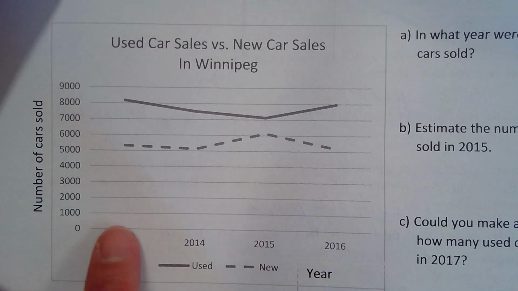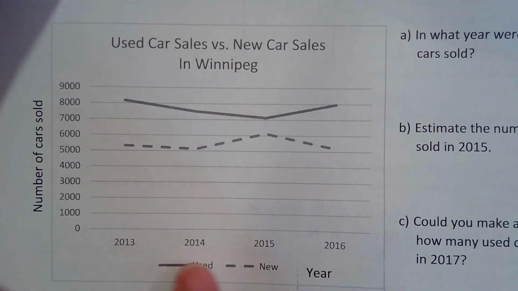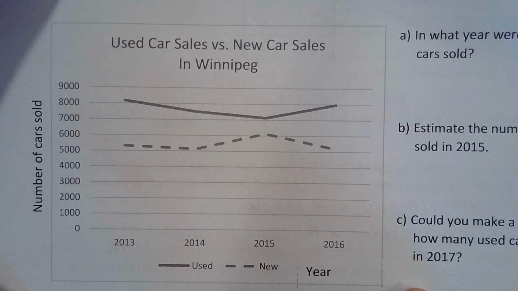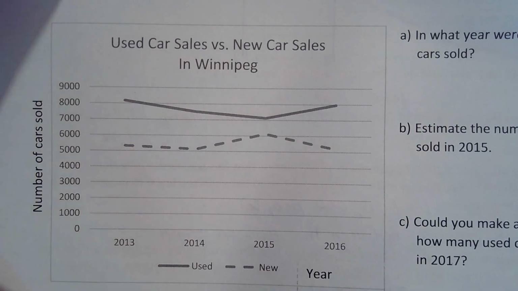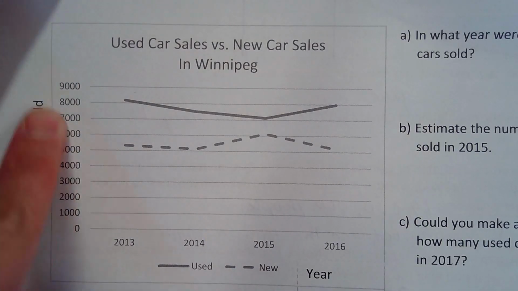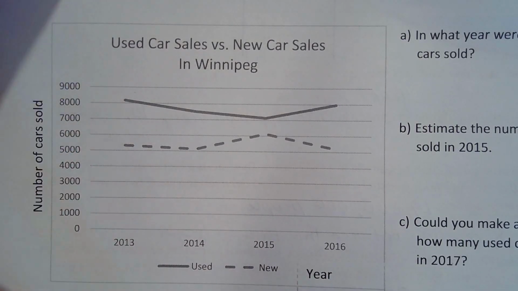Years, right? Horizontal axis is right here at the bottom. That's horizontal. Horizontal axis are the years. What's on the vertical axis? Yeah, so this is the vertical axis, going up and down, number of cars sold.